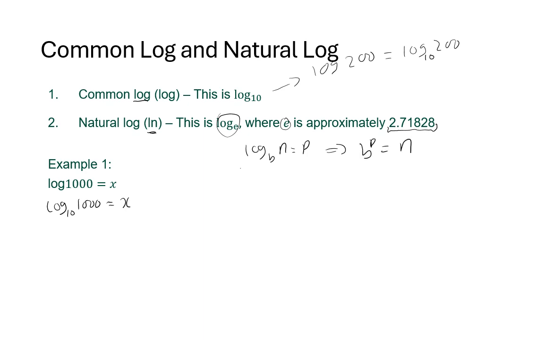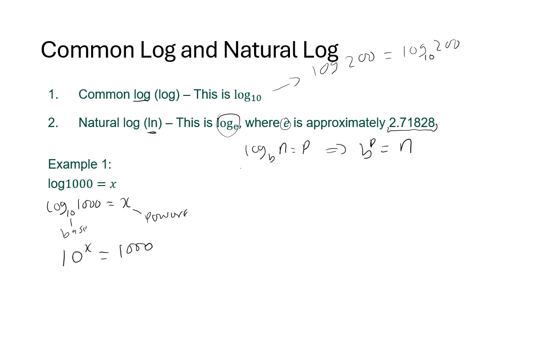So if we write this one in that form, this is our base and this is our power. Then we can say 10 raised to power x is equal to 1000.